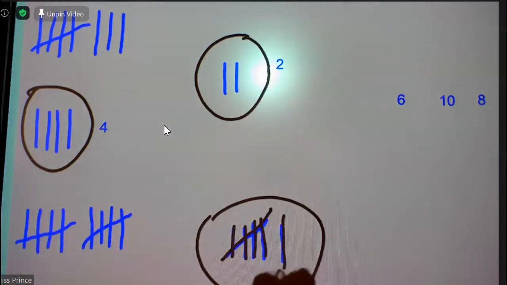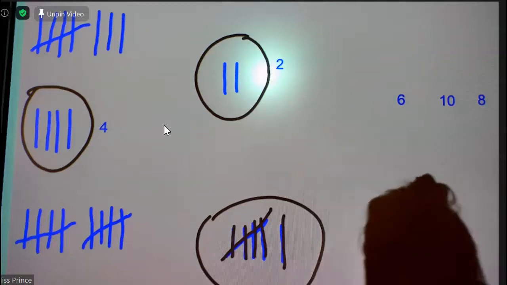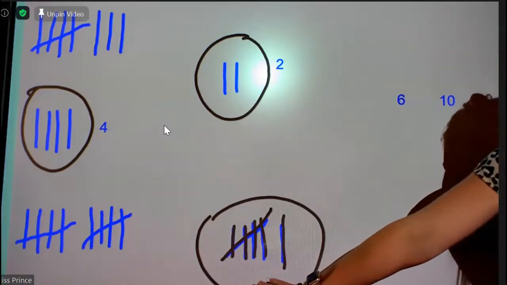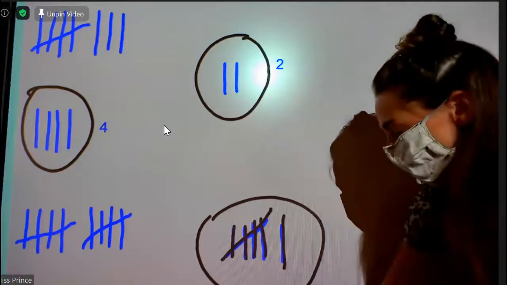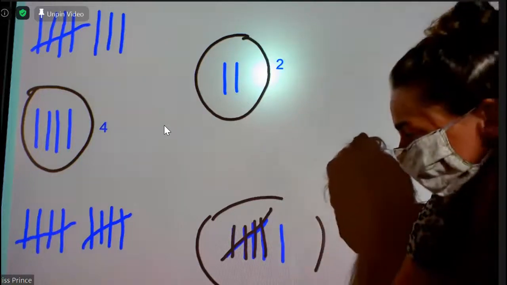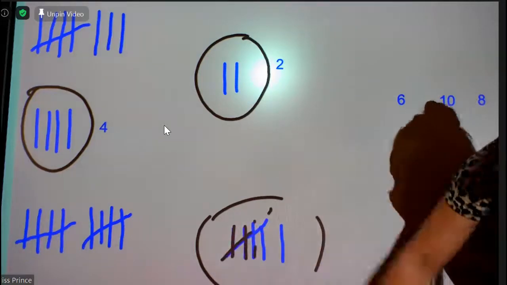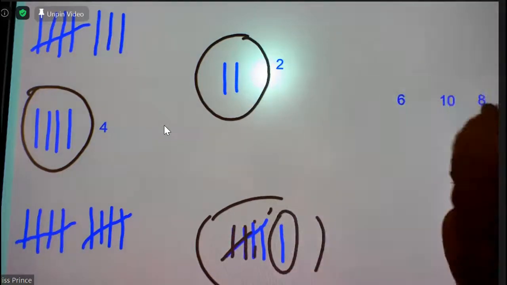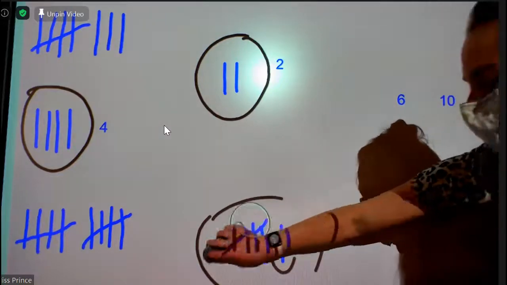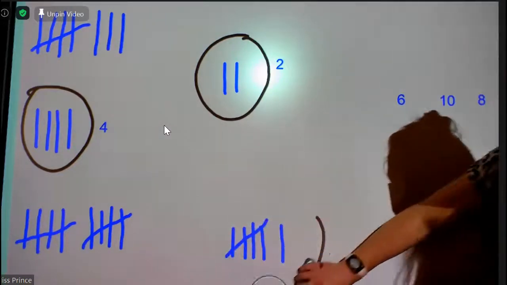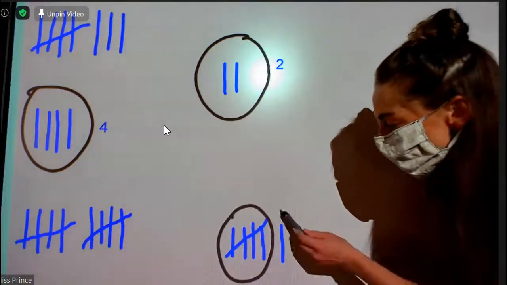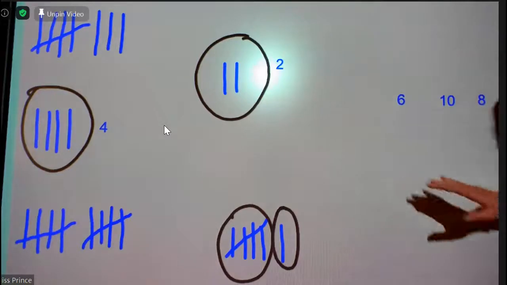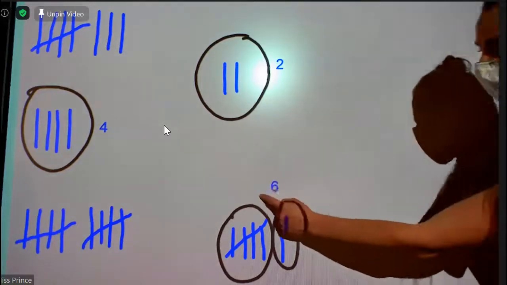So I'm going to ask them to have their voices off and let you go again. Cadence, how many? 5. So remember, just our bundle is 5, but I have one more right here. So 5 and one more. 6. Nice job, Cadence.